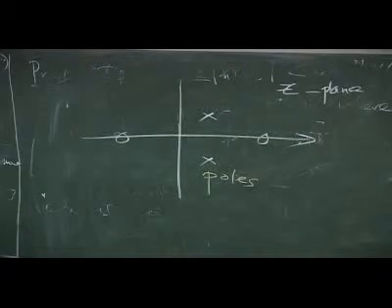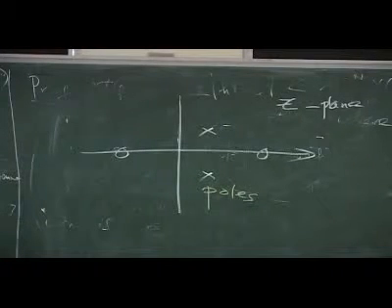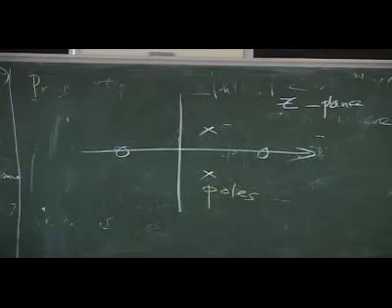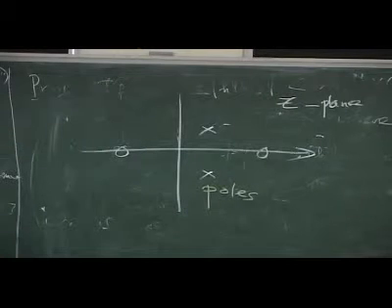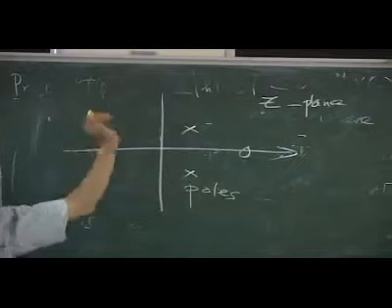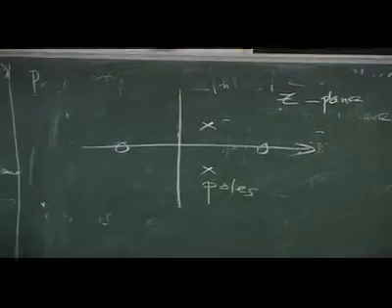When I specify a filter, I need to specify this. I can similarly specify all the poles and zeros plus a gain factor here. A lot of the time people can specify a filter simply by this plot: where are the poles and where are the zeros, plus the gain factor.